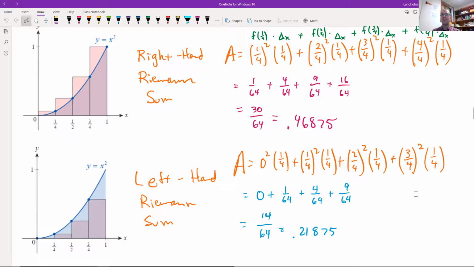The major difference to highlight is that the delta x, the change in x values, is always the same, 1/4 in each case. It's just that now we're offset. We have this new term 0 squared times 1/4. And then you see the same 3 terms being repeated here and here and here. So we get an underestimate with this one.